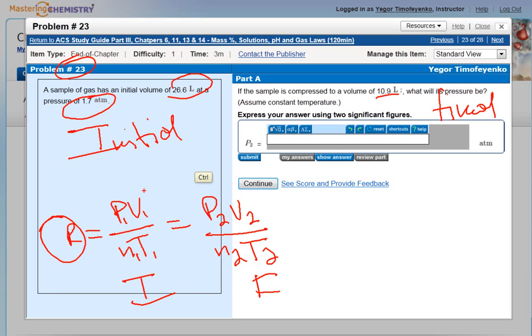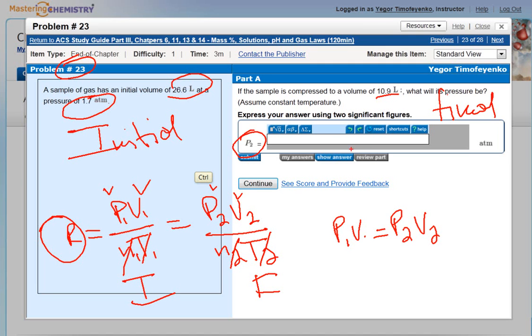Let's see what we're dealing with: volume and pressure. We have to find the final pressure, but we're not given T or n because they must be staying the same. So I'm going to cancel these out on both sides of the equation, and that equation becomes P1 V1 equals P2 V2.